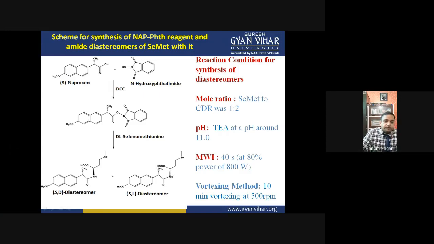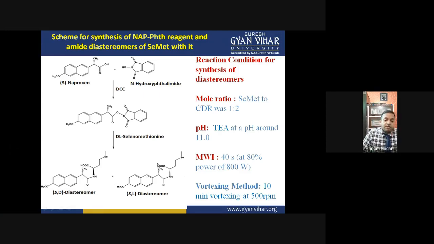Okay. Now the D and L selenomethionine enantiomers do not show different physical and chemical properties except the rotation of plane polarized light. But diastereomers show different physical and chemical properties in either a chiral environment or also in an achiral environment.